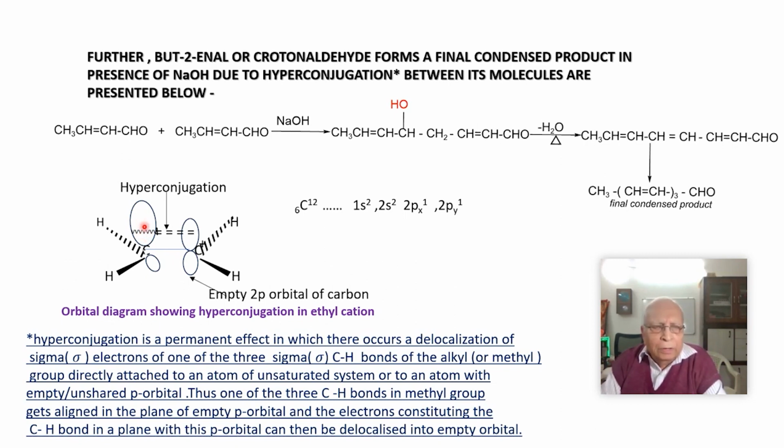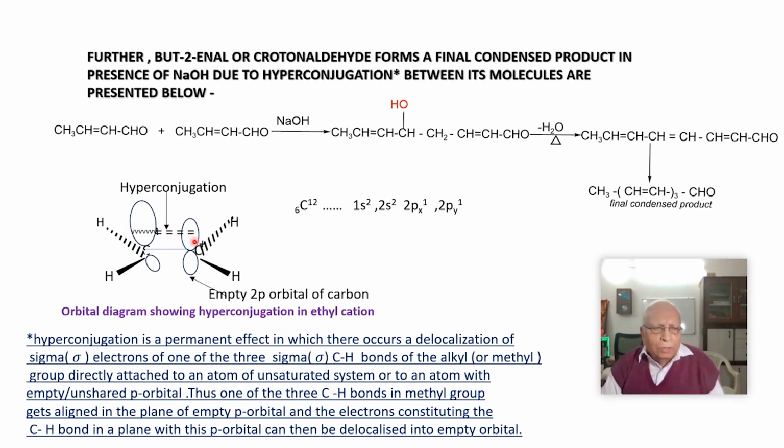It adjusts itself in the p orbital here, and there is another p orbital of the second carbon atom bonded to it. Therefore there is an alignment of this electron with the other p orbital of the other carbon atom, and they lie on the same plane, and that is known as alignment.